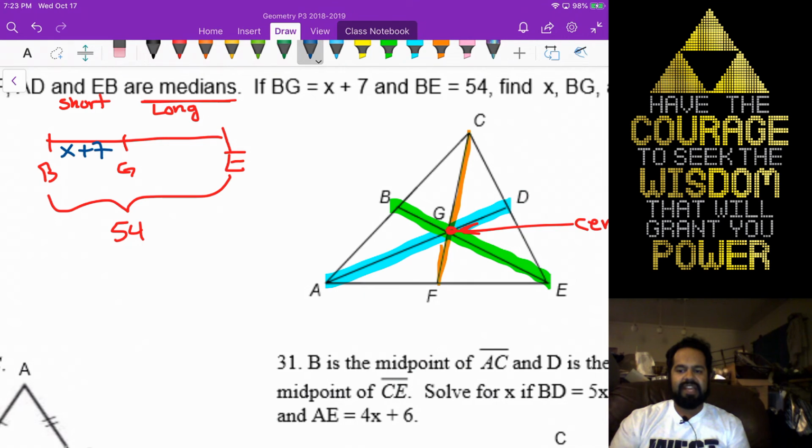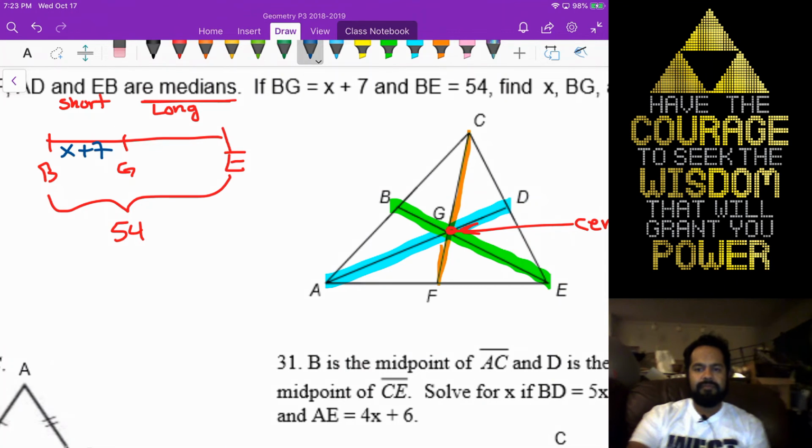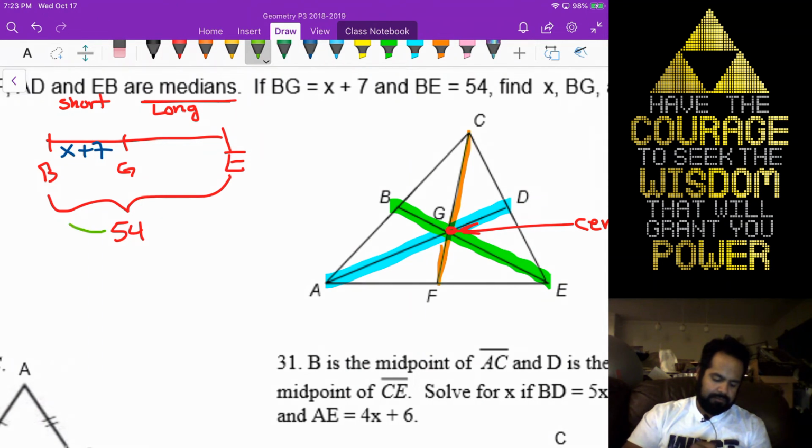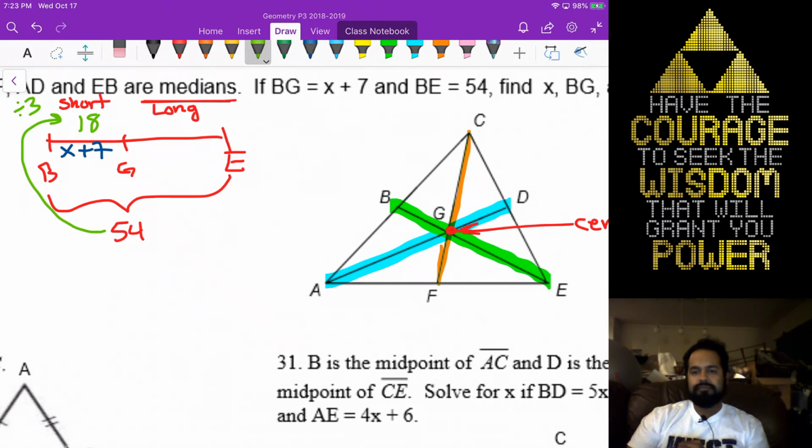Well, the short side is going to be found by taking the 54 and dividing it by 3. So then I believe that's going to give us 18. My long piece, therefore, is going to be 36.